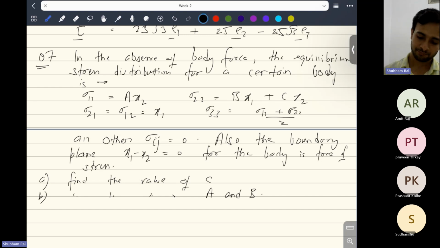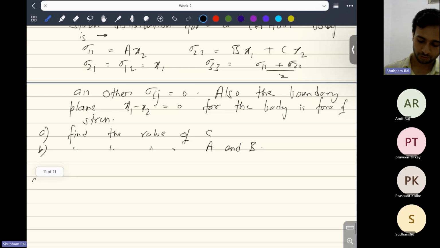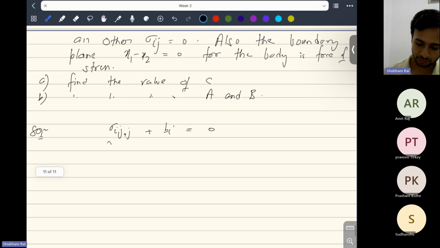So first condition, solution. Let's solve the stress equilibrium equation. So you know that sigma ij comma j plus bi equal to 0. So that is the stress equilibrium equation. That can also be written as del sigma ij by del xj plus bi equals 0.